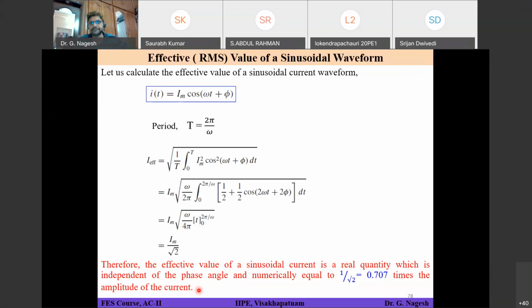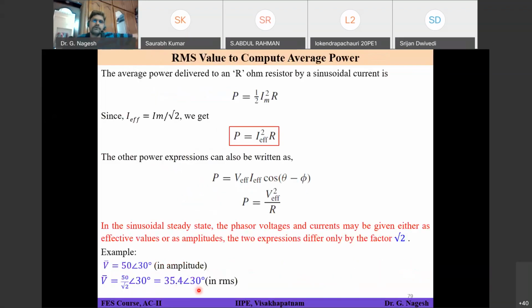Now we have already seen the average power formula in terms of maximum value for a resistor, which is Imax square into R divided by 2. Now you have the option of converting this maximum value into effective value or RMS value.